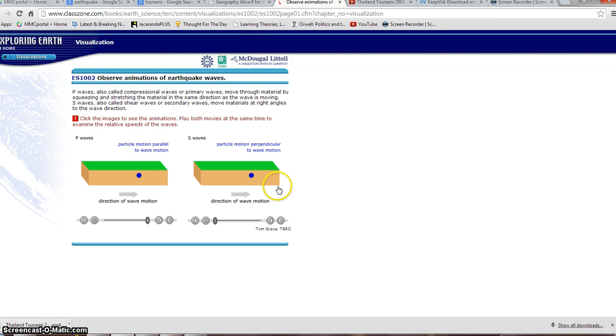Okay, here we go. So on the left-hand side, we have our P waves. They're the primary waves. They're the first to arrive. Okay, so if I press play, we can see that energy being forced from left to right.